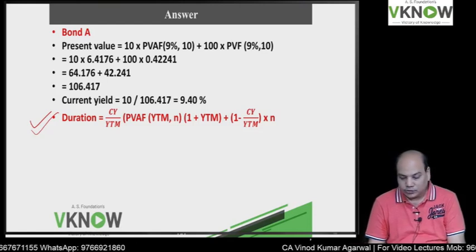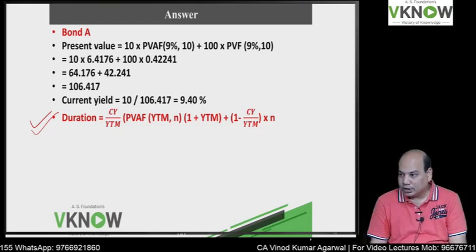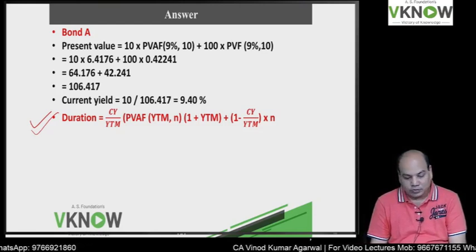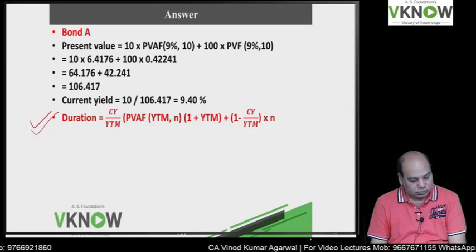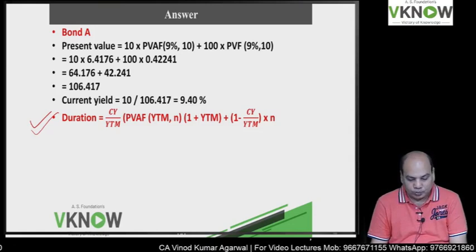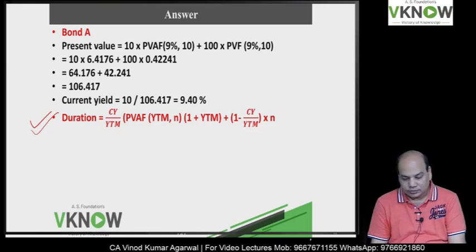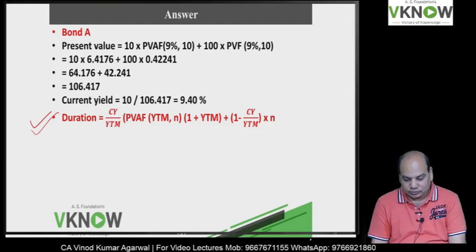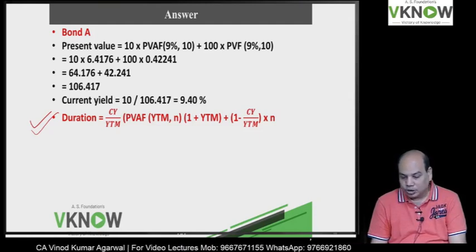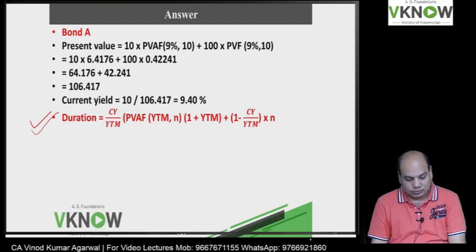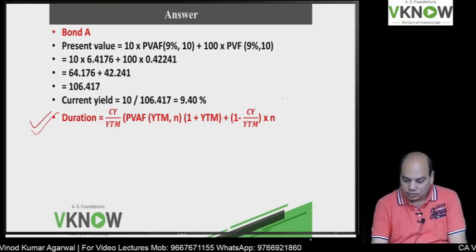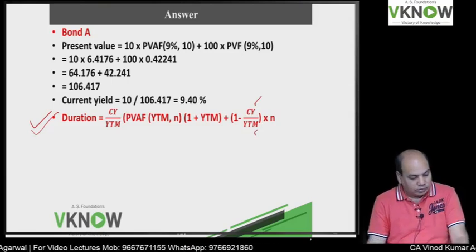The formula is current yield upon YTM, into PV annuity factor bracket YTM comma N, upon, into 1 plus YTM, plus in bracket 1 minus current yield upon YTM, into N.